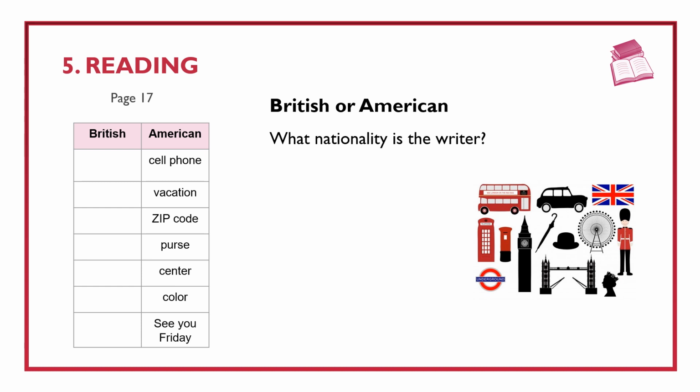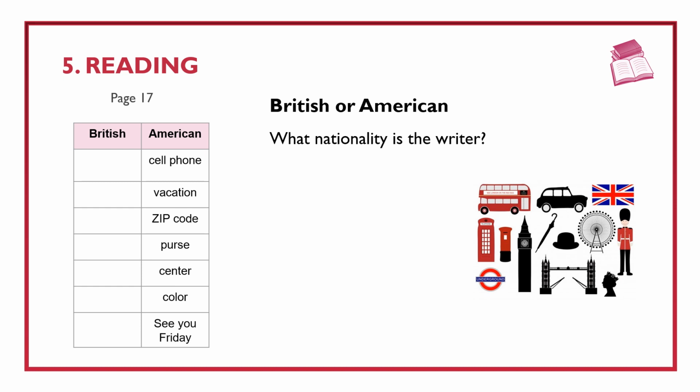For example, they say postcode, not zip code. They say. So he's referring to the British with they. And he says they don't say zip code like us. Yeah, they say holiday, not vacation like us. For this reason, I think the writer is American.